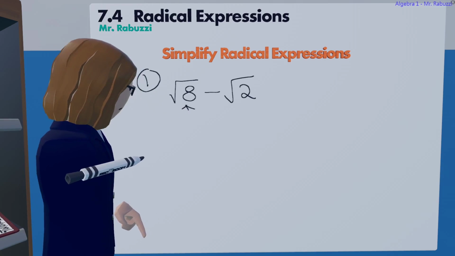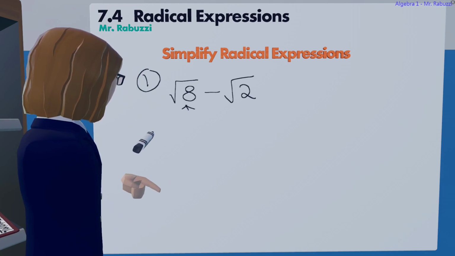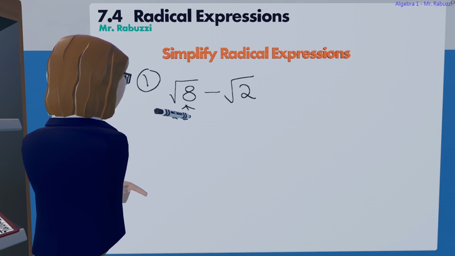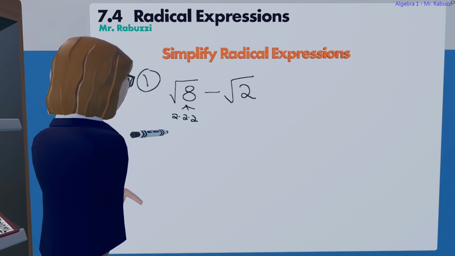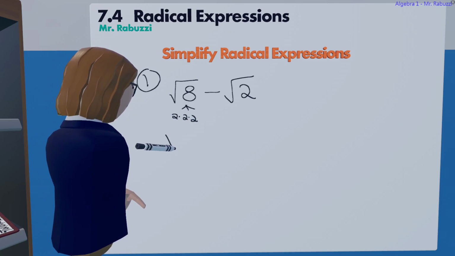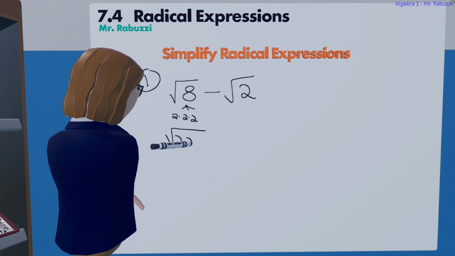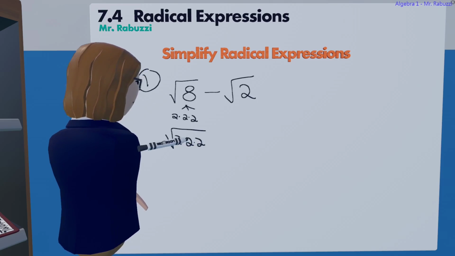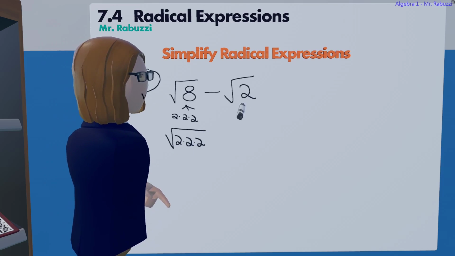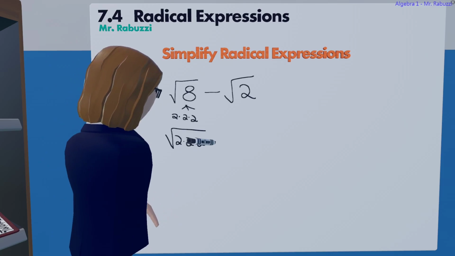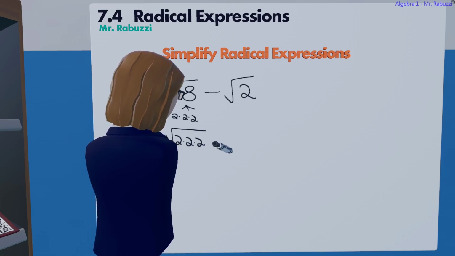If we remember it from before, it is 2 times 2 times 2. So I'm going to change that square root of 8 into the prime factorization, which is root of 2 times 2 times 2. The square root of 2, that's already a prime number. I can't make it any smaller. So I'll bring it down here, minus root 2.